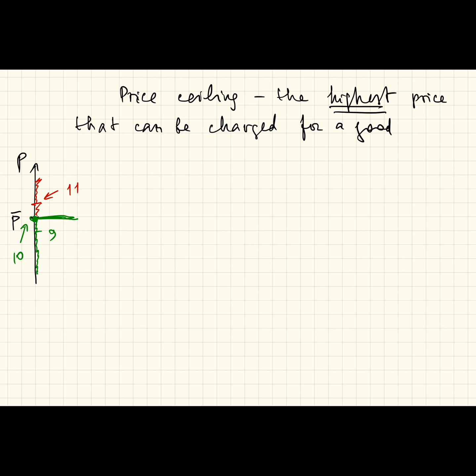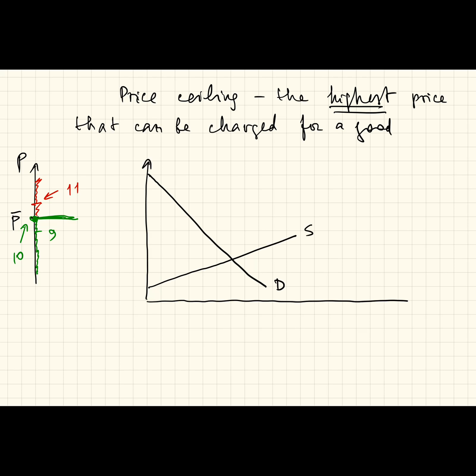So let's see how this restriction, because in fact it's a restriction on price, is going to affect market equilibrium. One important thing to notice is that if the price ceiling is set above market equilibrium, then it will have no effect. Because if this is your supply, this is your demand, the market wants to be at this point for an equilibrium.